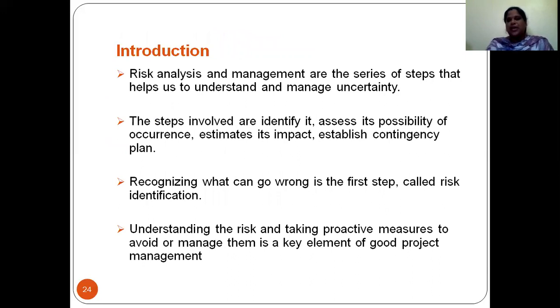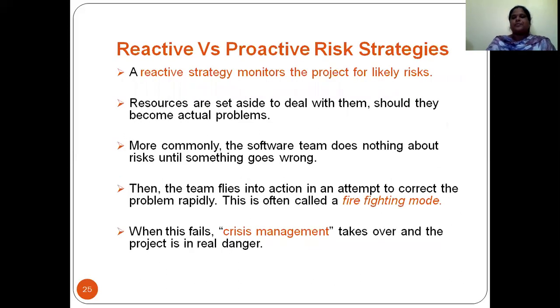So first you should recognize what is going wrong, and that recognition of the wrong in the steps is called risk identification. Next, you should understand the risk. You should take proactive measures in order to sort out the risks, and this managing becomes a key element of good project management. So we have two types of risk: reactive risk and proactive risk.